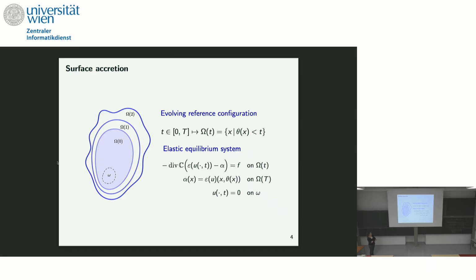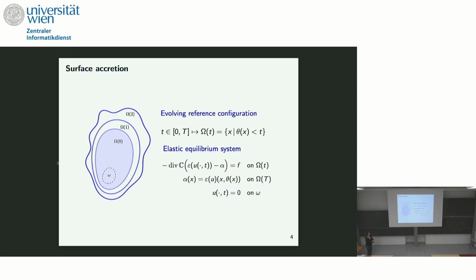On the actual set omega t, I have my elastic equilibrium system. And then I also have to add some condition that allows us to filter out rigid movements. In this case, we consider a Dirichlet condition, assuming that our displacement has to be equal to 0 on a given set omega, which is within our original configuration.